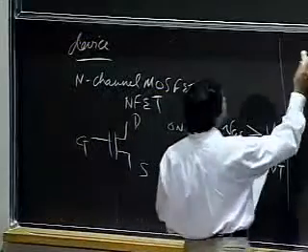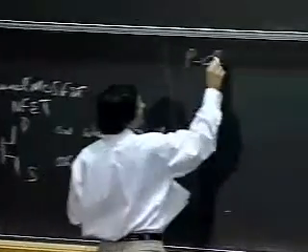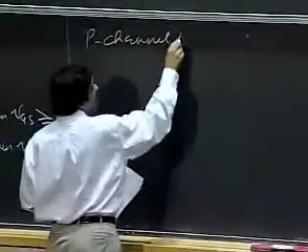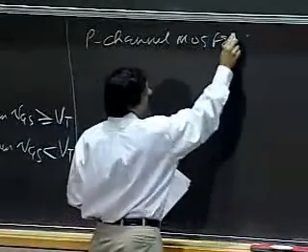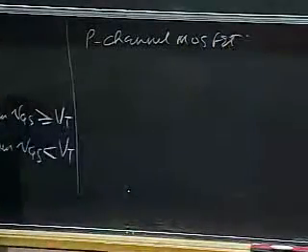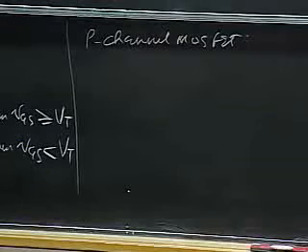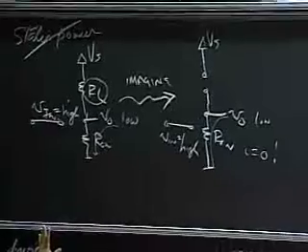Okay, so the device is a p-channel MOSFET. By the way, I must point out, till about 1983, 84, till the early 80s, that's exactly pretty much how chips were designed.